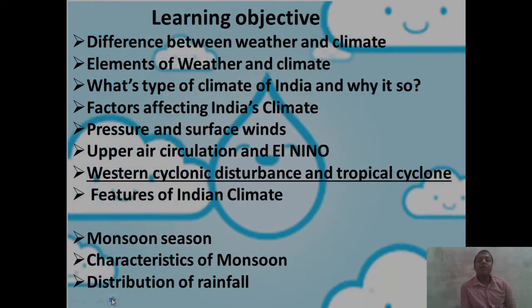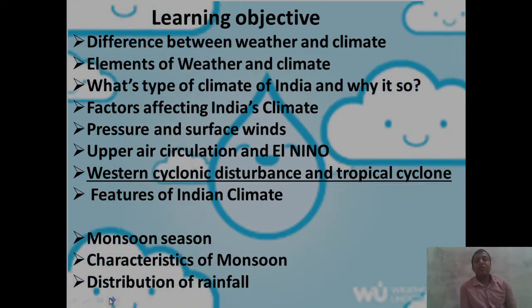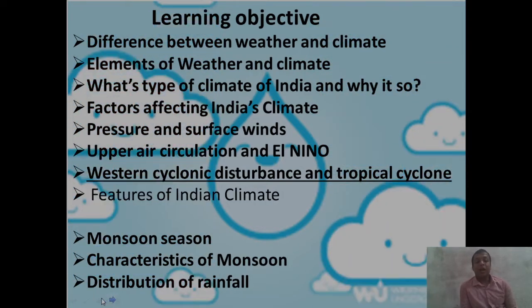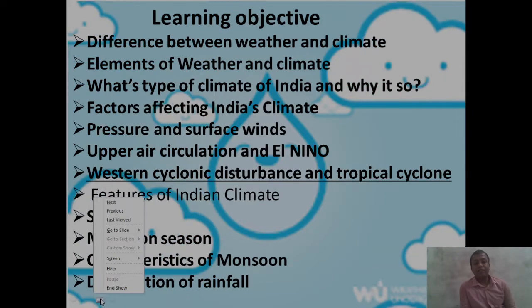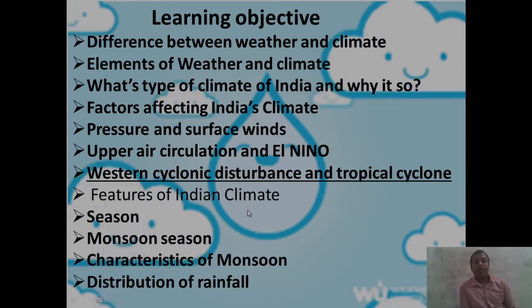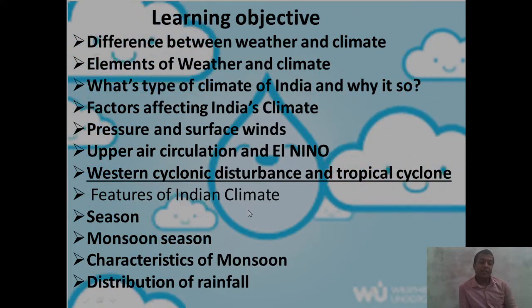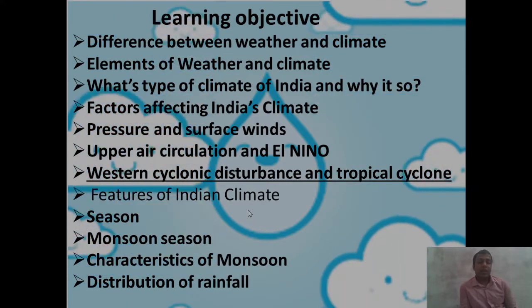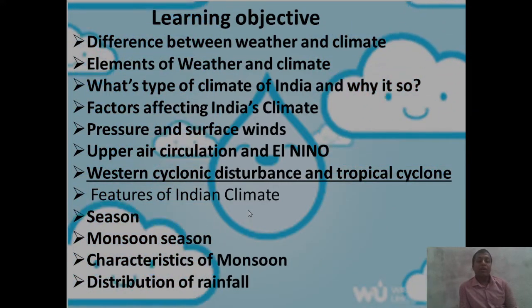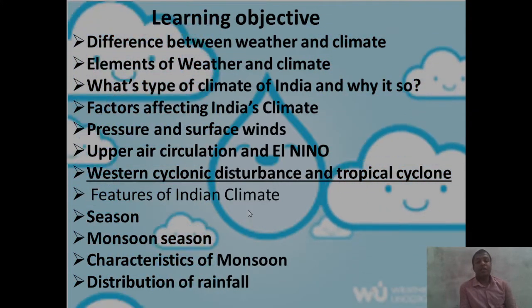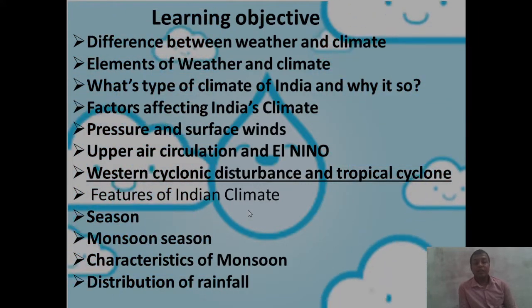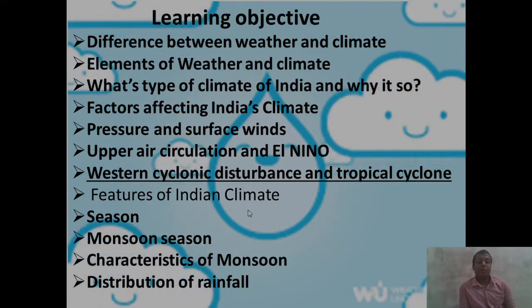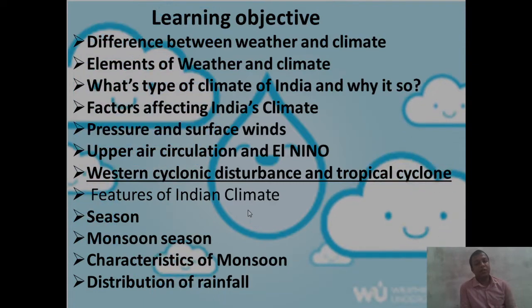These all are the monsoon mechanism tools, so we are going to discuss all these things. Then features of Indian climate, seasons: monsoon season, summer season, winter season, and after that characteristics of monsoon and distribution of rainfall.